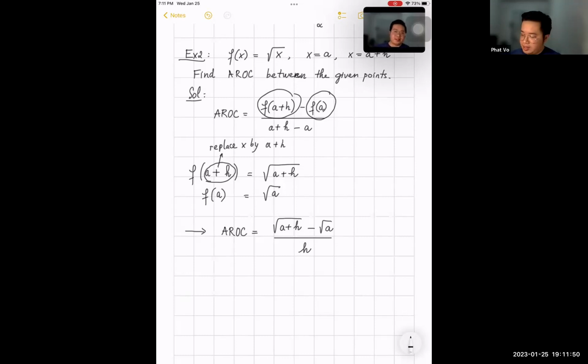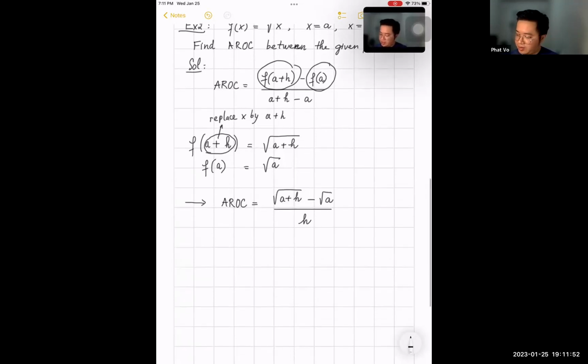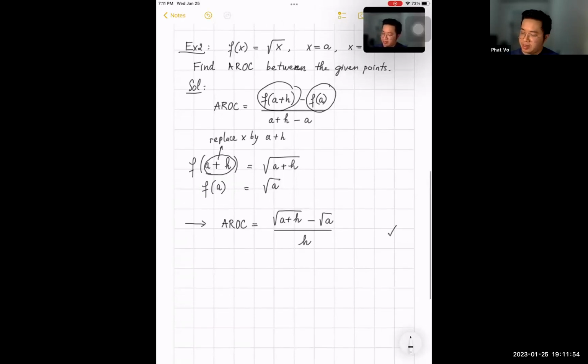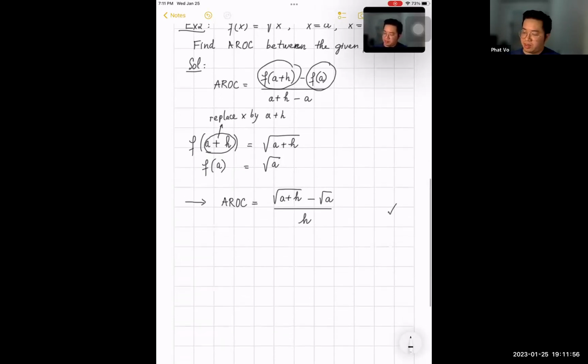So now you can finish here, but sometimes they ask you more things, not just to write like this. Sometimes they don't want the single h in the denominator. You can see the homework on Canvas.